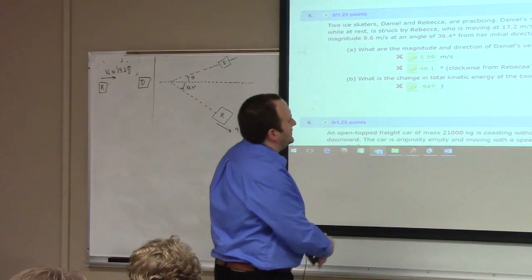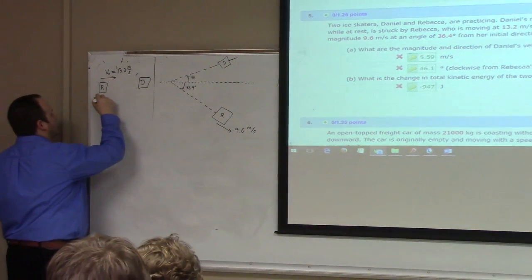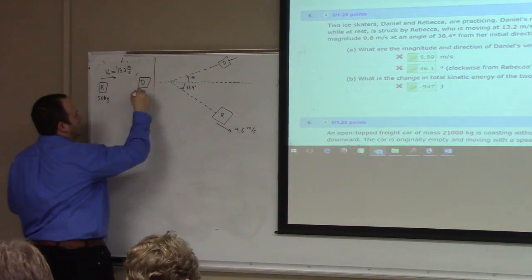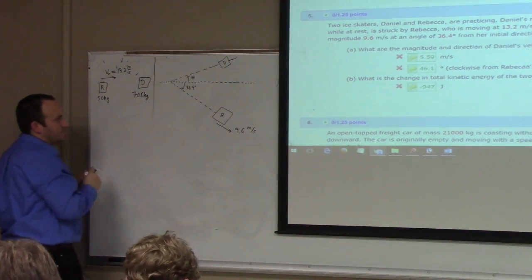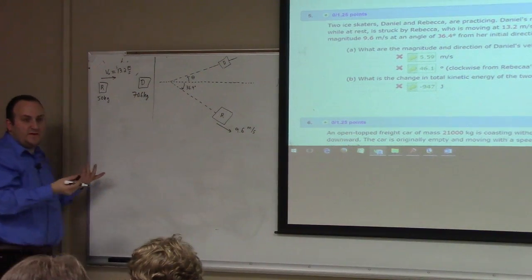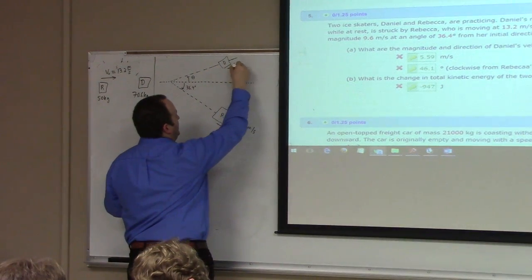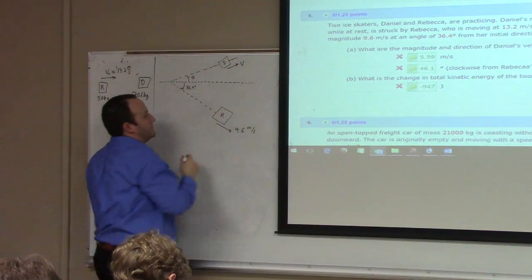And we know the masses as well, right? So what's Rebecca's mass? 50 kilograms. What's Daniel's mass? 70.6 kilograms. Okay. So then you just conserve momentum. Let's say that Daniel has speed v, since I have not used v yet.